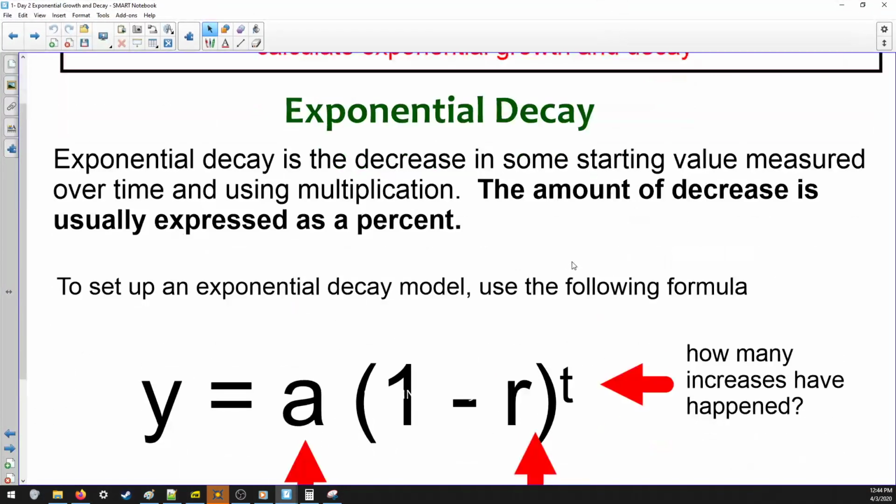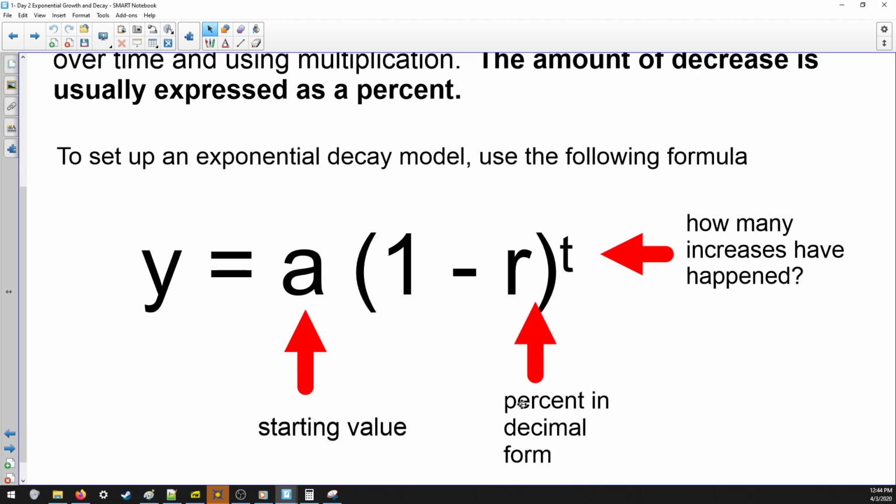It says the amount of decrease is usually expressed as a percent. So this value always relies on R being a percent. Whenever we're going to use this formula, they're going to have to say the population increased by 4% or your amount of money decreased by 12% or something like that.